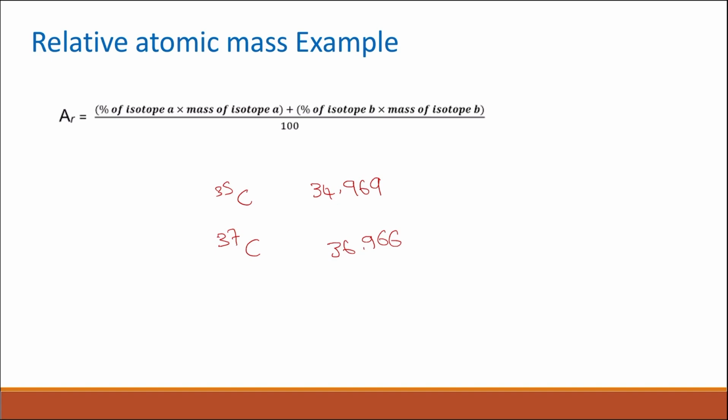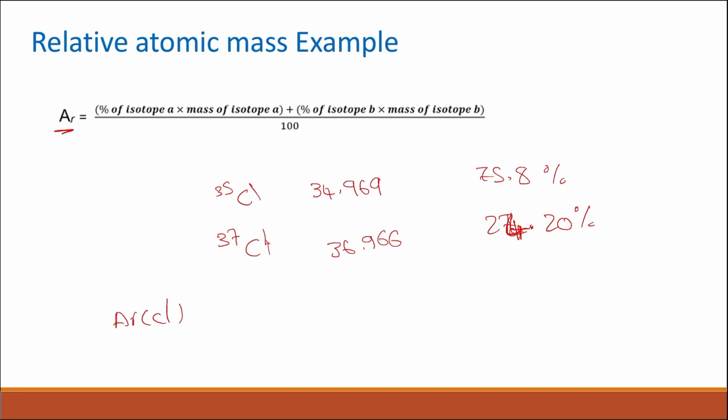The abundance of chlorine 35 is 75.8%, and chlorine 37 is 24.2%. So let's use these numbers and this equation to calculate the relative atomic mass for chlorine.